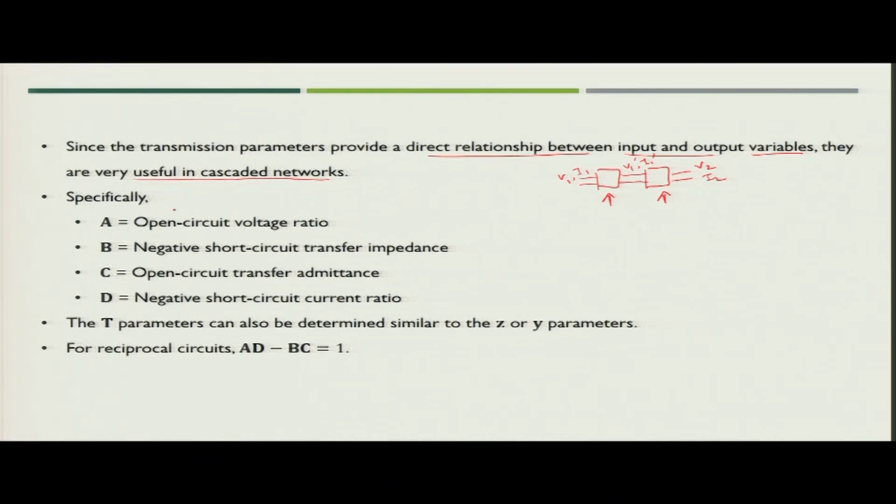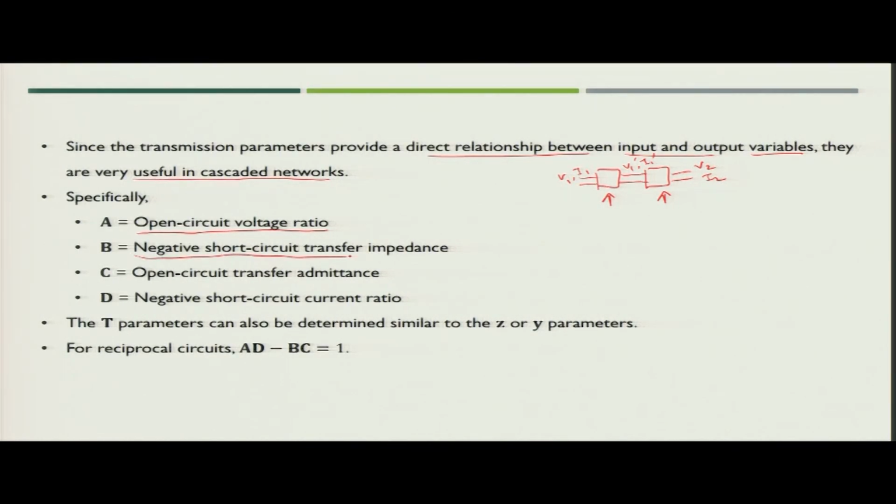For today's lecture, we will first discuss the key properties of the transmission parameters. So, we will see what those properties are. First, let us see what ABCD defines. A will be your open circuit voltage ratio, because this you calculate when you keep the output port as open circuit.